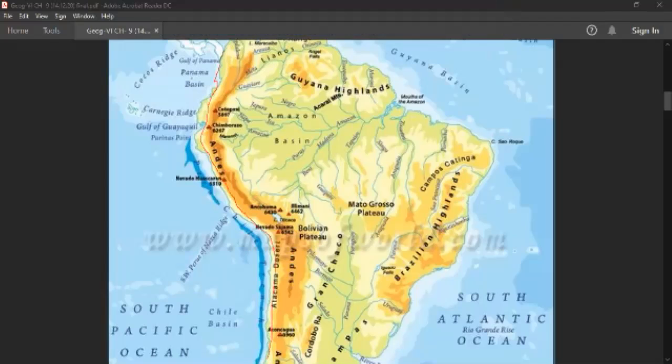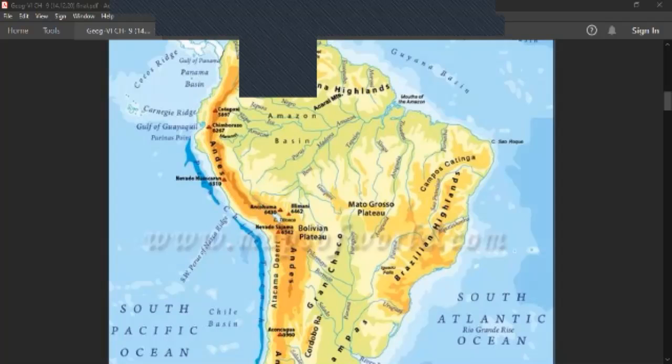This coastal plain extends along the entire length of the continent and its width varies from one place to the other, like in Peru, where it is widest and the width is 80 kilometers, while elsewhere it varies between 10 to 15 kilometers.